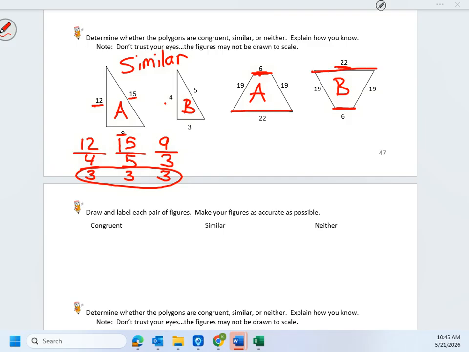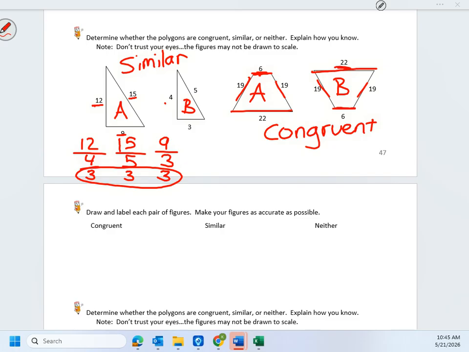So those 6 and 22s match up, and then my diagonals are both 19. So I know I don't have to prove it with the math because my numbers are identical. If the numbers are identical, you can write congruent without having to prove it, because it's proven by same numbers.